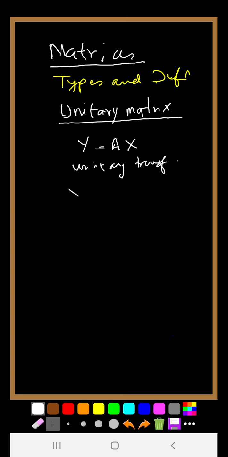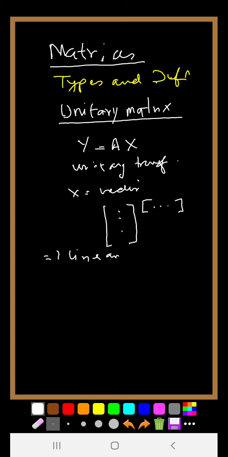By vector we mean that it is either a row matrix or a column matrix. So if the matrix is unitary, then another property is that the linear transformation preserves length.